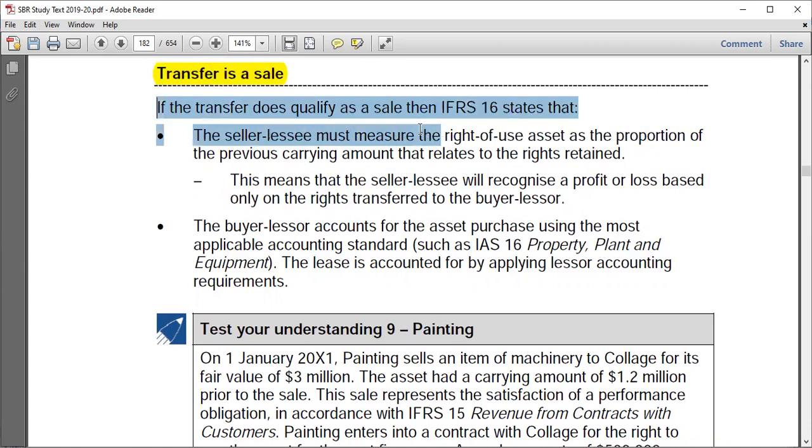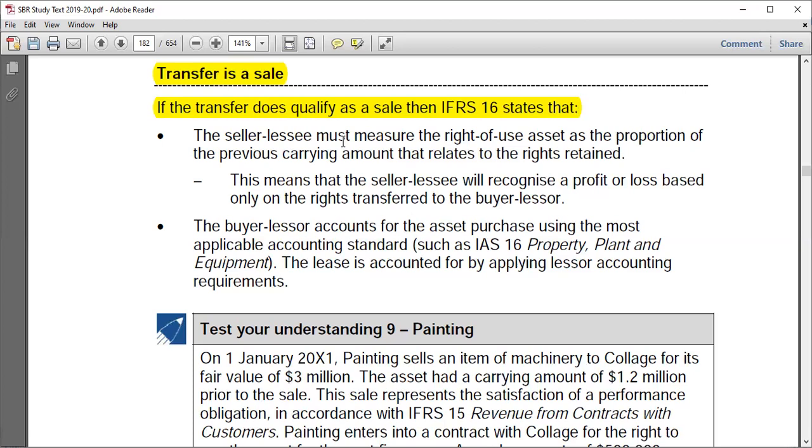If the transfer qualifies as a sale, IFRS states that the seller must measure the right of use asset. If the transfer is really a sale, now we really consider the lease here. We say that you have sold something, and then they have leased it back to you, right? Because you cannot say that the transfer is not a sale, and then someone has leased it out to you while they don't own it.